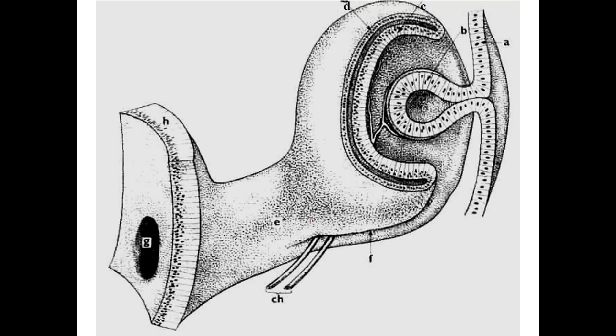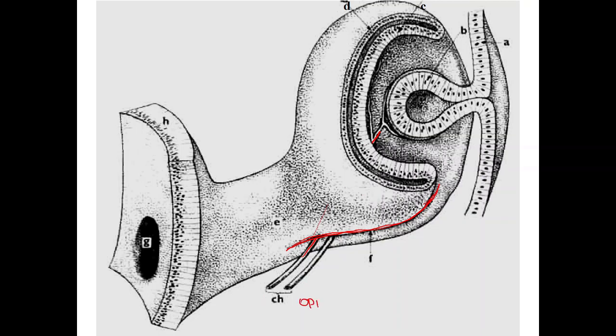But during development, in this optic cup, there is a fissure created. Yes, so this is the fissure, and hyaloid artery is going from the ophthalmic artery.